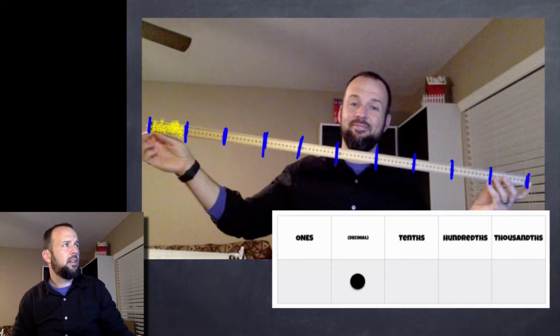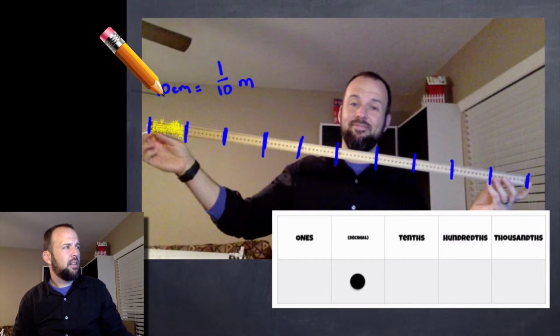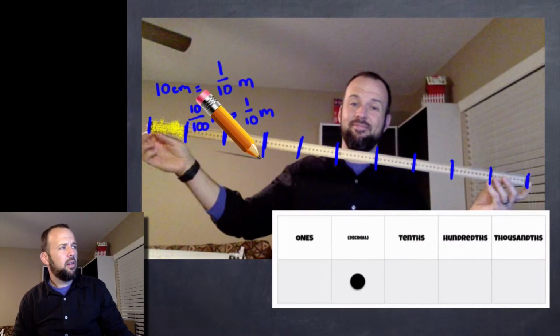Well, there would be 10 centimeters, right? 10 centimeters is the same as 1/10 of a meter, which if I wanted to rewrite my 10 centimeters in terms of a meter, I could say that 10 centimeters is the same as 10 hundredths of a meter, which is the same as 1/10 of a meter.